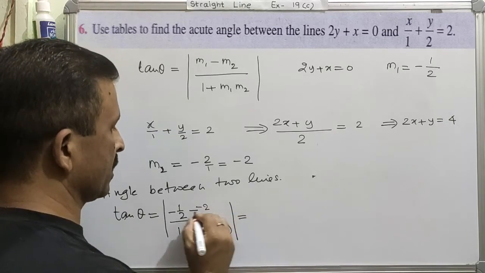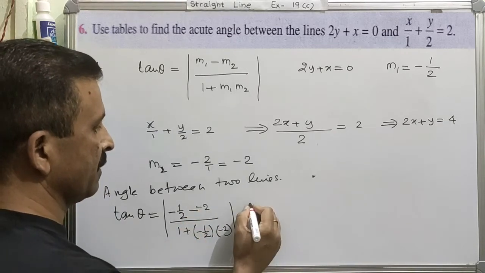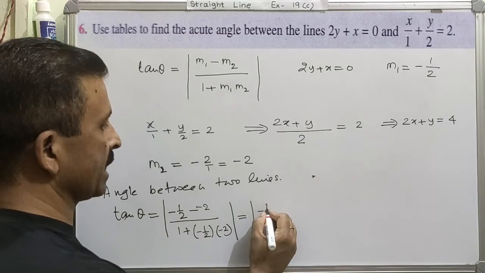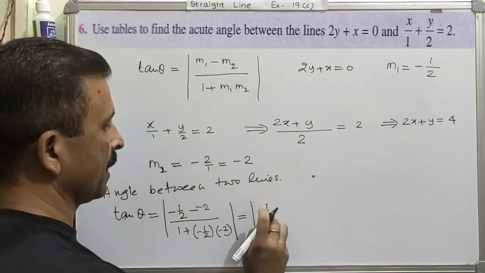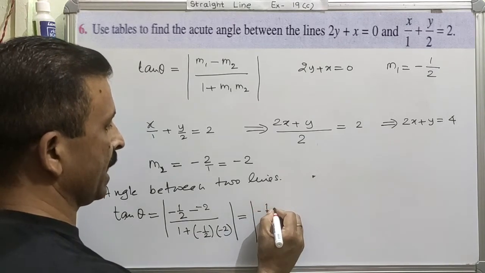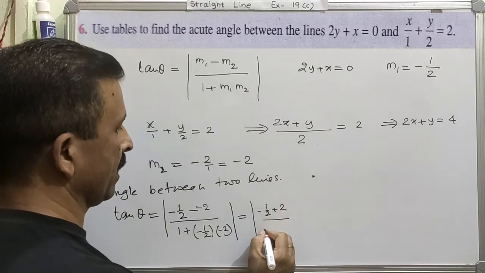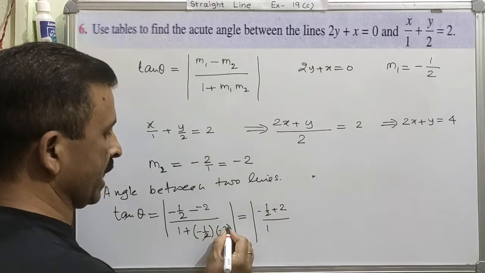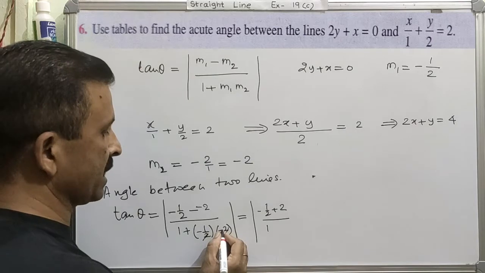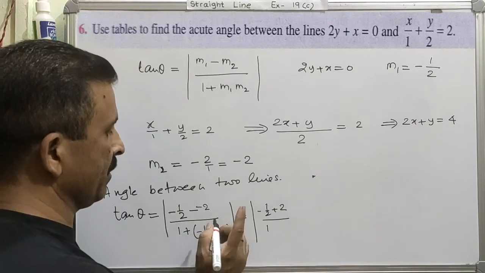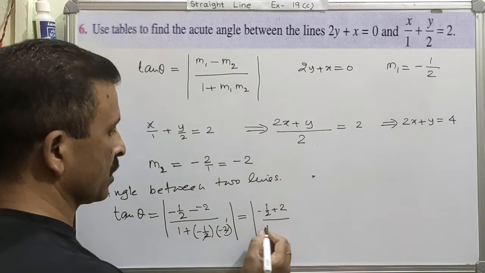Is it okay? Now simplify this. Minus becomes plus. So minus half plus 2 divided by 1, and these two cancel, and minus becomes plus. The product of these two will become just 1. So 1 plus 1.